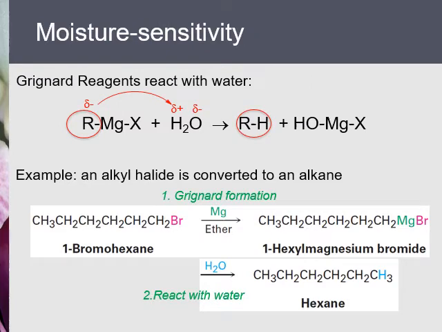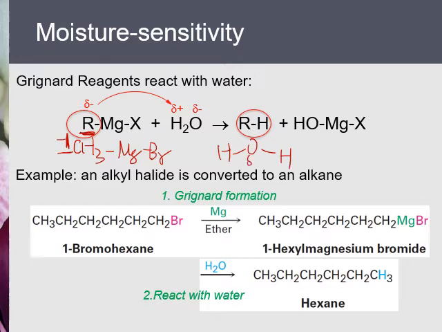In the last slide, we show that in Grignard reagent, the alkyl group has a negative charged carbon called carbanion. For example, if this is a methyl group, so methyl magnesium bromide. Now the carbon of methyl group has a negative charge. We also know that water has a polarized bond.